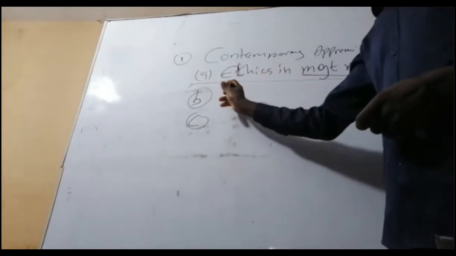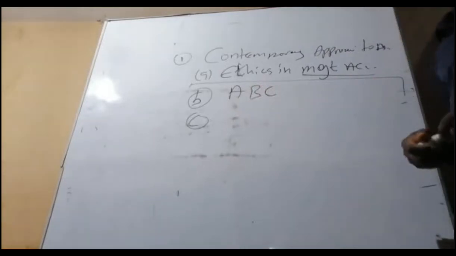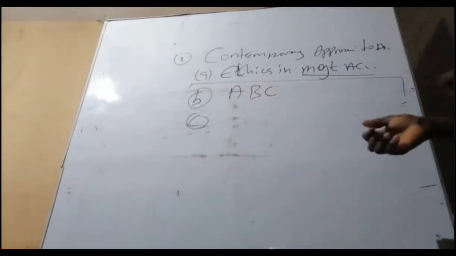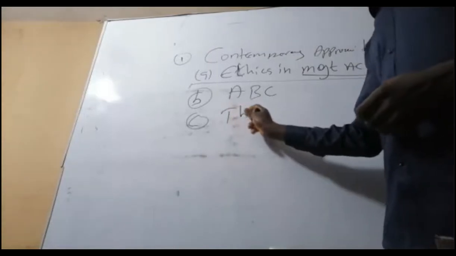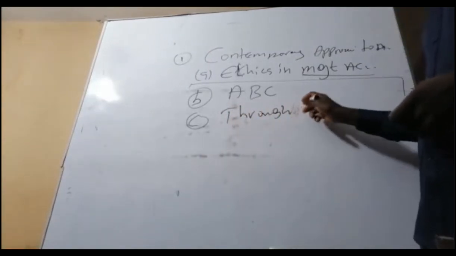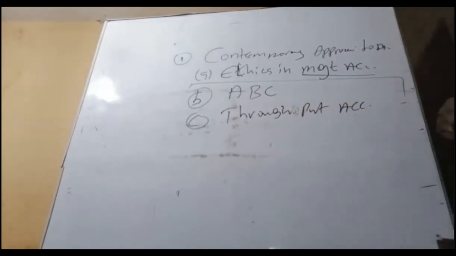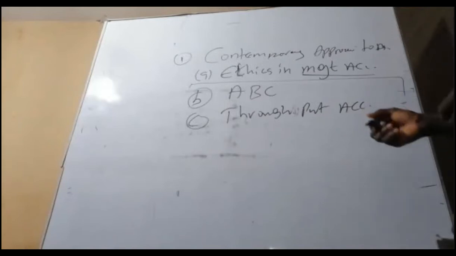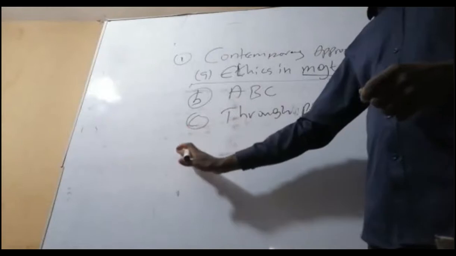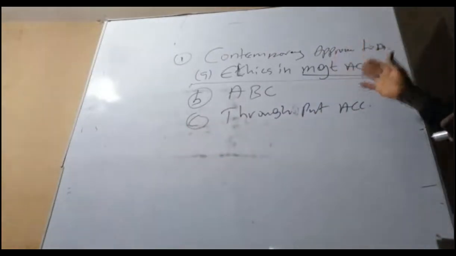So here you have what you call ABC, activity-based costing. And then throughput accounting. There are more, lots of them, but I'll highlight the key ones.